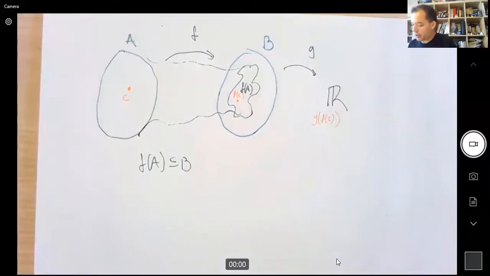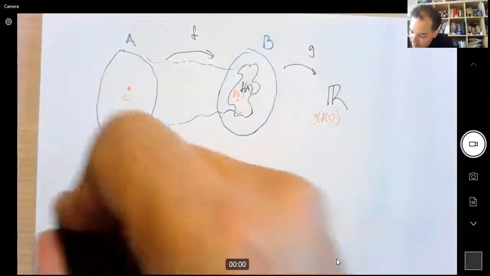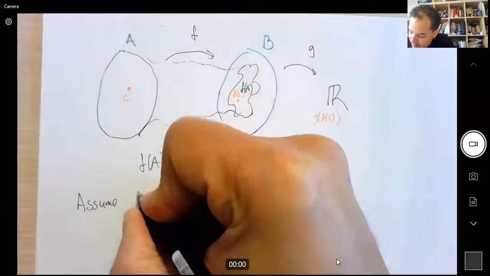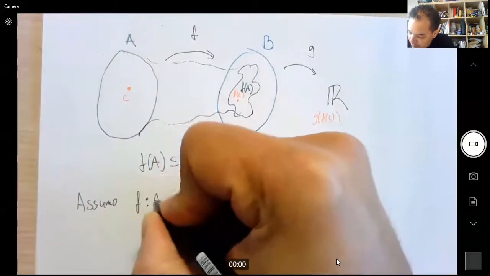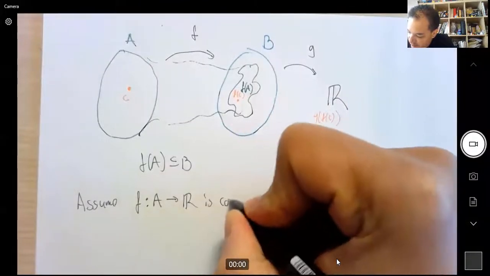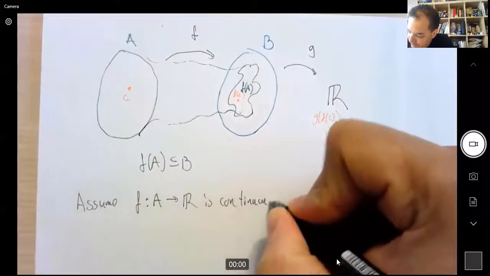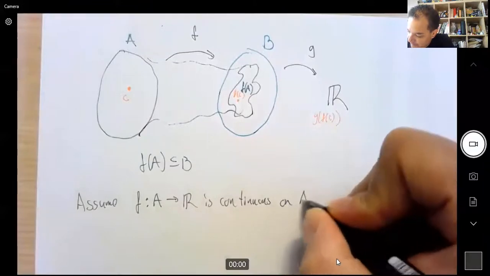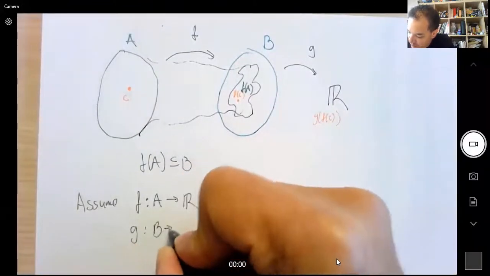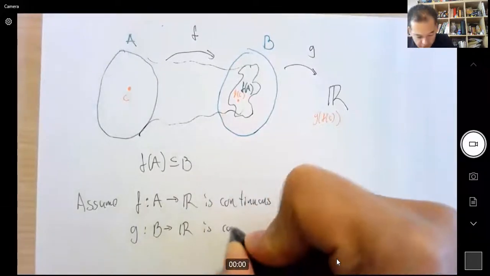We need to prove that. Assume f from A to the real numbers is continuous on A, and g from B to R is also continuous.